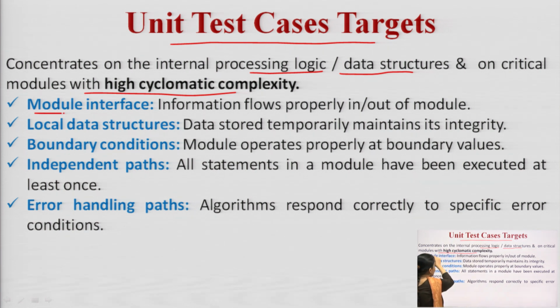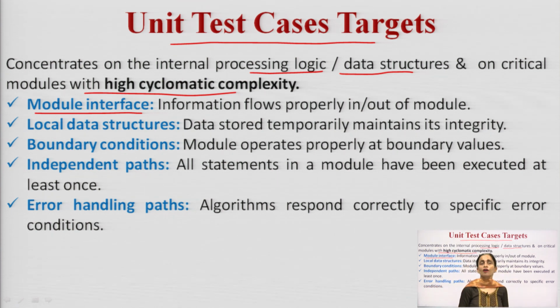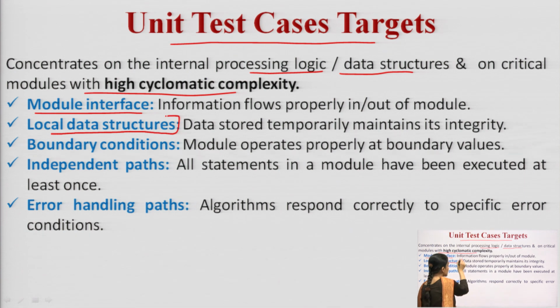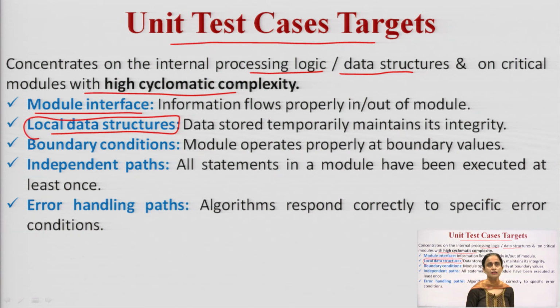So, first I will be focusing on the module interface, meaning how well the information flows in and out of the module. Then I have to focus on what kind of data structure I have opted for. If they are defined locally, how are they maintaining integrity when they are called in the main function?